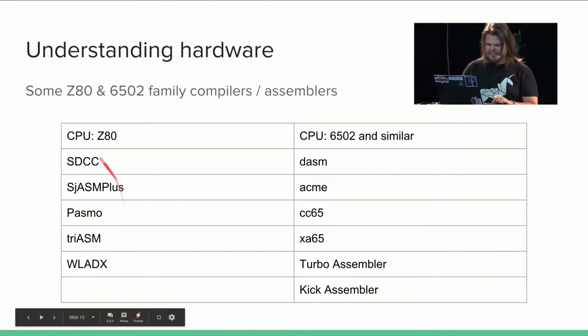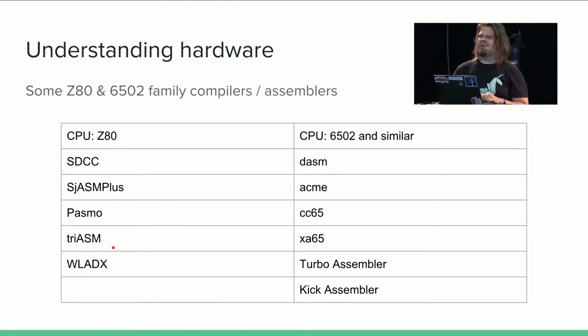And there's the rest of these, SJASM, PASMO, TriASM, and all that; they are all assemblers. So if you want to go the machine code route instead, you can use these. But SDCC also comes with its own assembler built in, so if you just want to use it for machine code, you can do that as well.